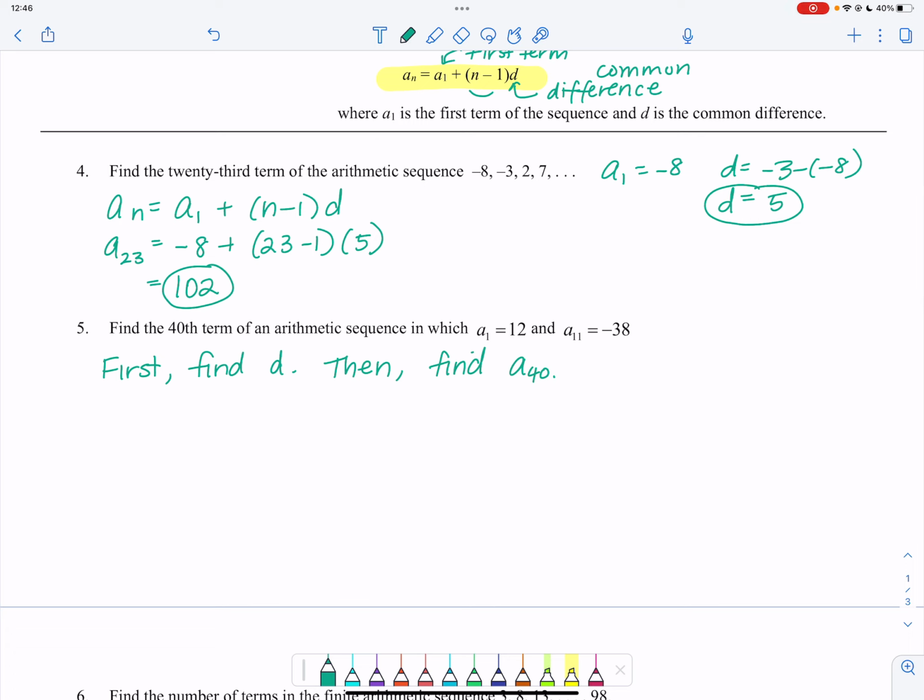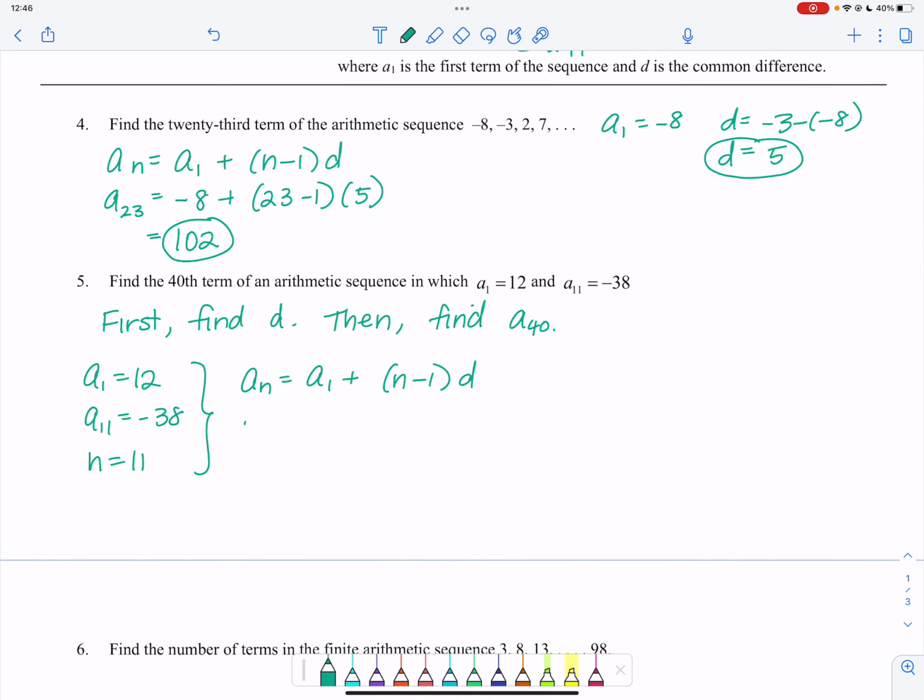So let's use our given information. We have that if a sub 1 is 12 and a sub 11 is negative 38, that is when n is equal to 11. So remember our equation, a sub n equals a sub 1 plus n minus 1 times d.